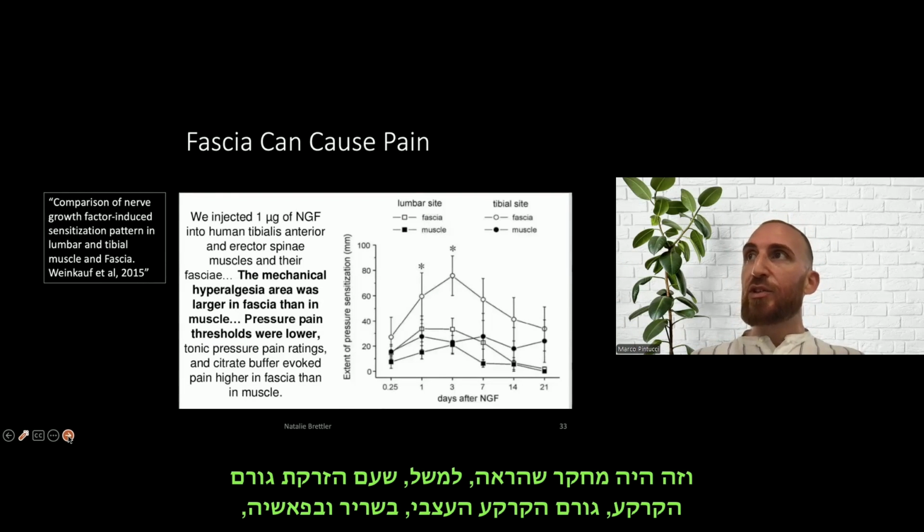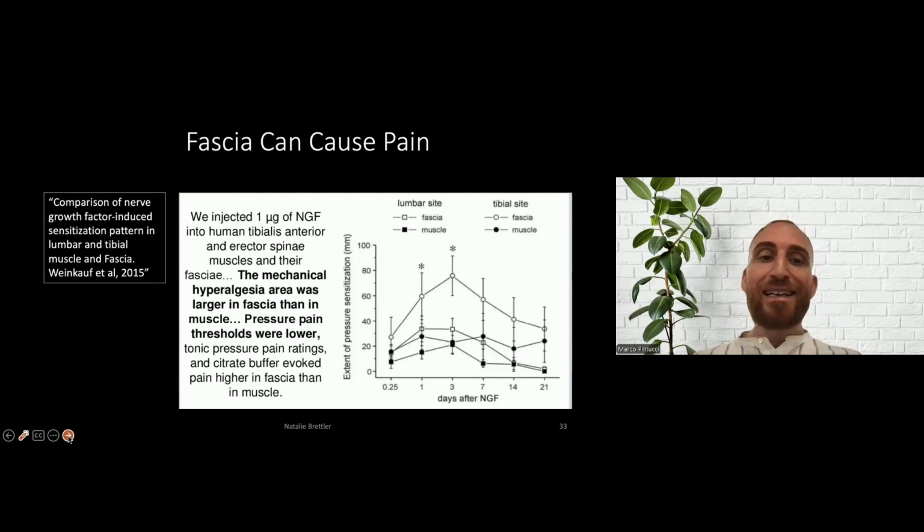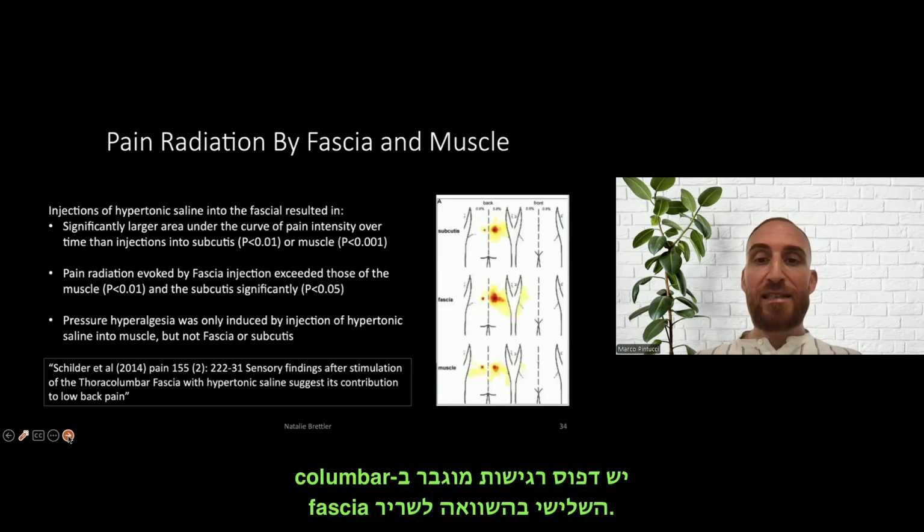This study showed, for example, that with the injection of nerve growth factor in the muscle and the fascia, there is an increased sensitization pattern in the thoracolumbar fascia compared to the muscle.